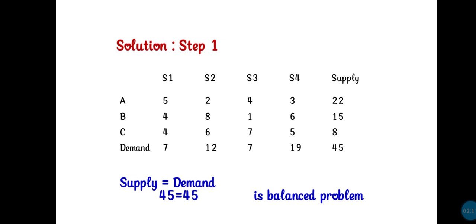Hence the given problem is called a balanced problem. If both the values are not equal, that problem is called an unbalanced problem. If you find an unbalanced problem, we have to introduce a dummy variable. After introducing the dummy variable, that problem is called a balanced problem.